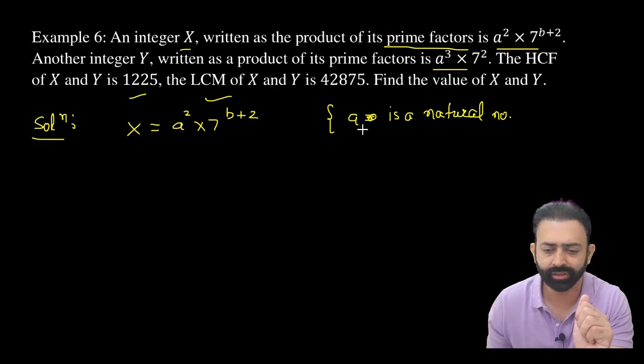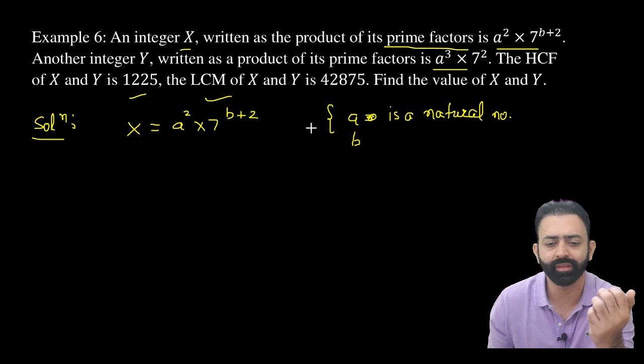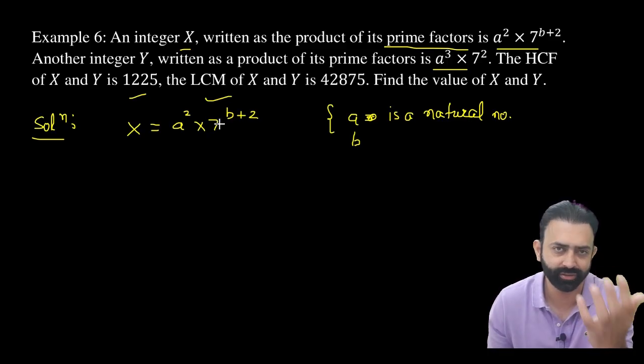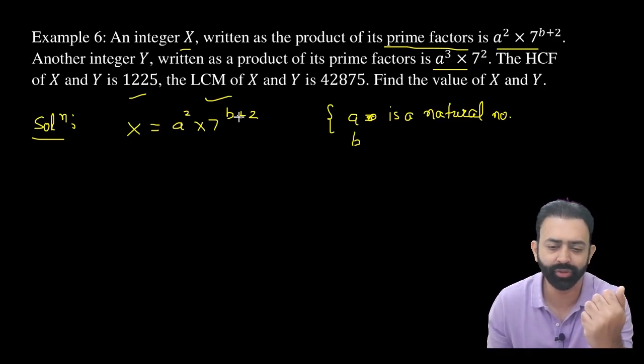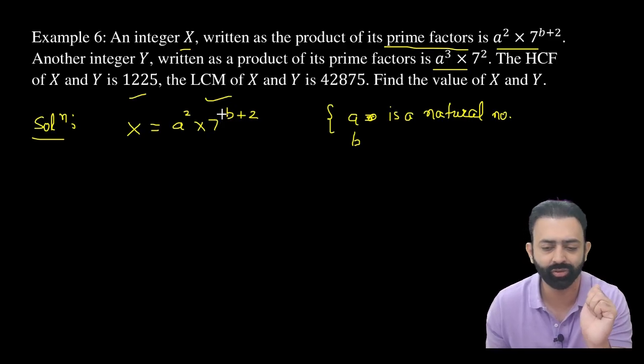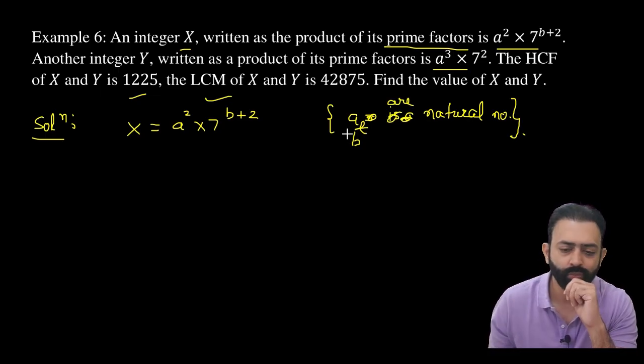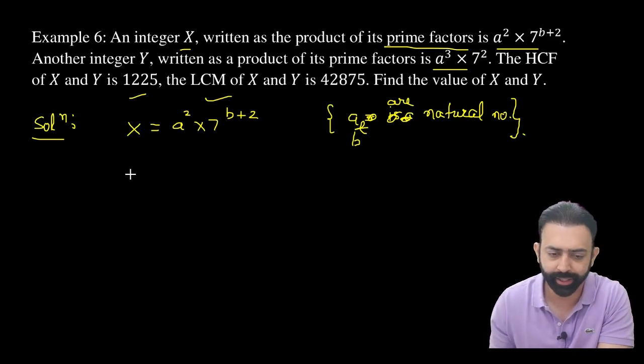Similarly we can say about b also, since an exponent cannot be a fraction as far as exponents of prime factors are concerned. So in 7 raised to power b plus 2, b is also a natural number. So both a and b are natural numbers. Fine. So writing y as a cube into 7 square.